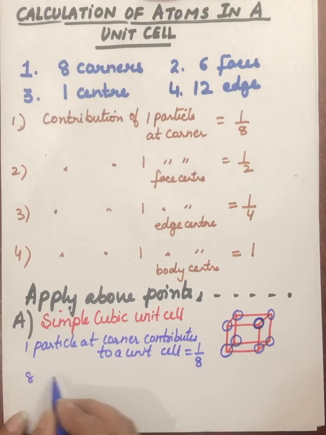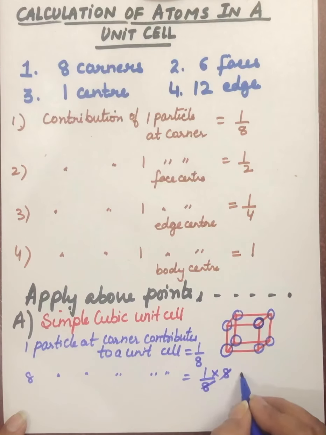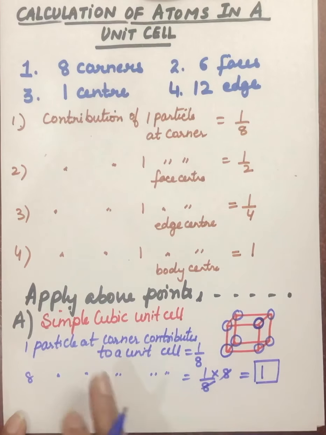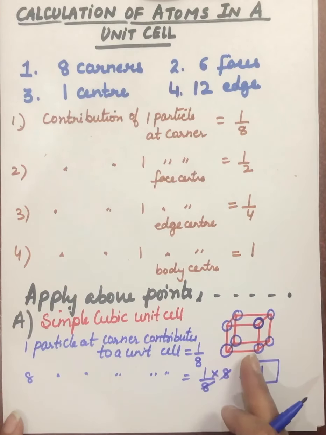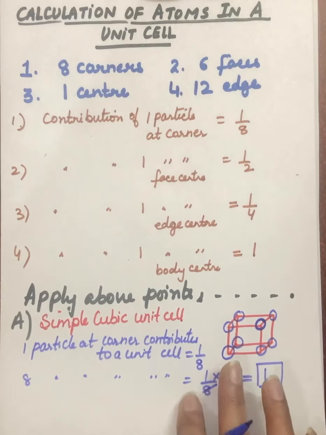So 8 particles at 8 corners are contributing how much? 1 by 8 into 8 comes out to be equal to 1. So actually in a simple unit cell there are not 8 particles, because they are not contributing completely. So when we calculate their contribution, how many particles are there in a simple unit cell? One particle. There is only one atom in a simple cubic unit cell.